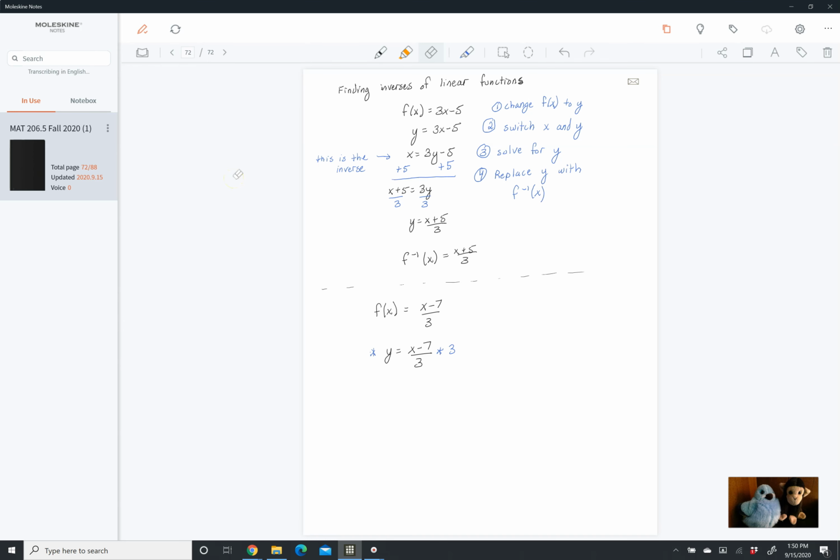Because we have to solve for, oh, I'm sorry, I messed up there. Right? I forgot our second step. We have to switch our x and our y. So x is equal to y minus 7 over 3. Okay, so we switch the x and the y.